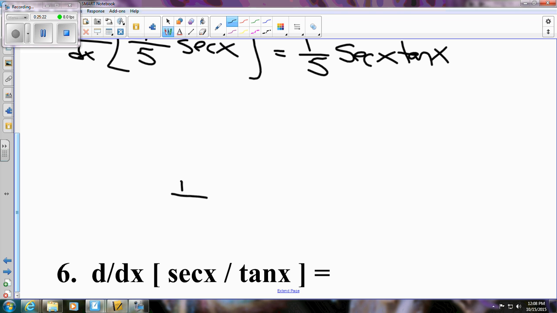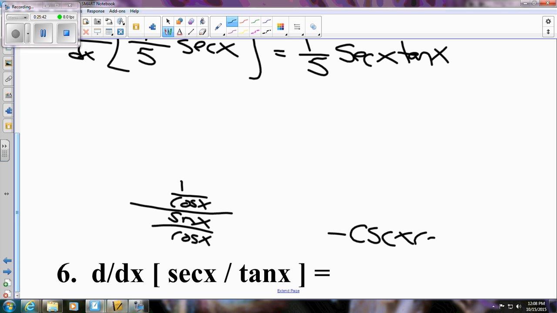Because that's 1 over cos over sine over cos. So that would just be taking the derivative of cosecant x, that's 1 over sine x. And what's the derivative of cosecant x? Negative cosecant x cotan x. Yeah, see, that's no fun. We could simplify that too.